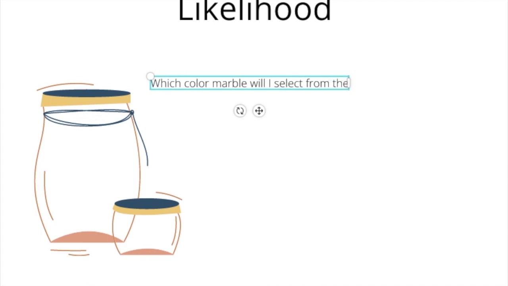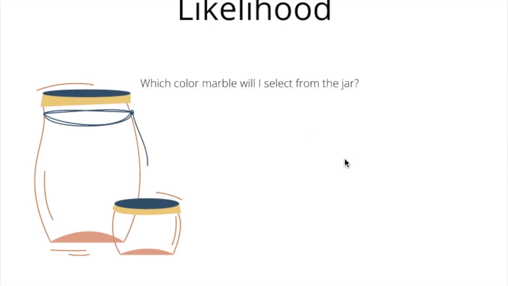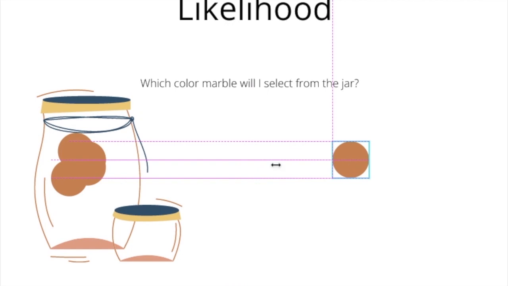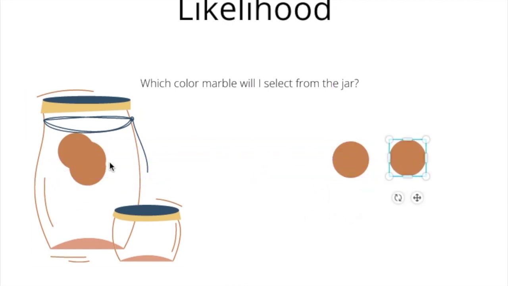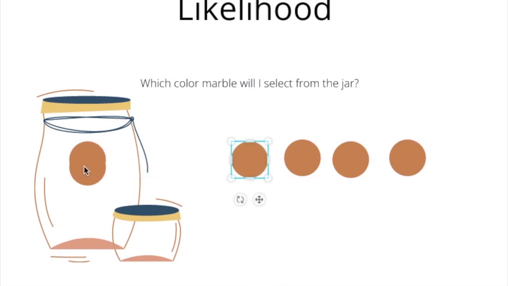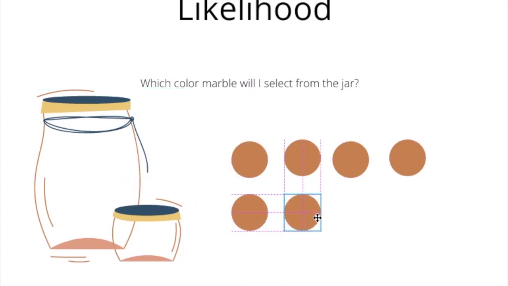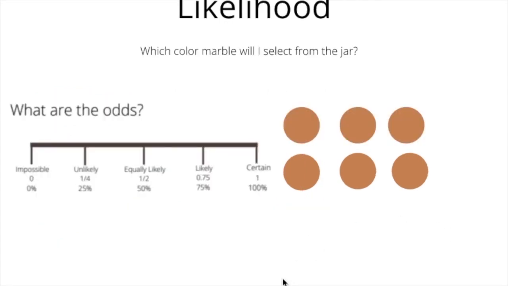So the question is, which color marble will I select from the jar? And now when I take out all the marbles from the jar, we can see that we have all 6 pink marbles. And so the likelihood of picking out one of these pink marbles would be certain because we only had one color going in there in the beginning. So there's a 100% chance of picking out a pink marble.